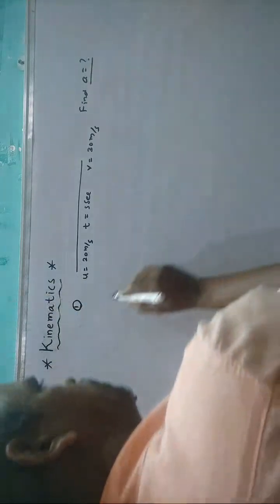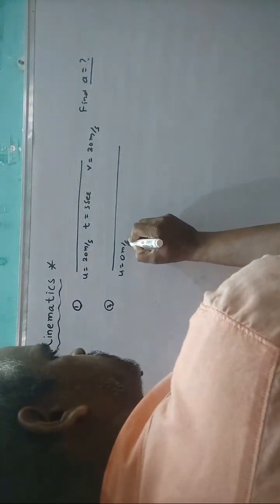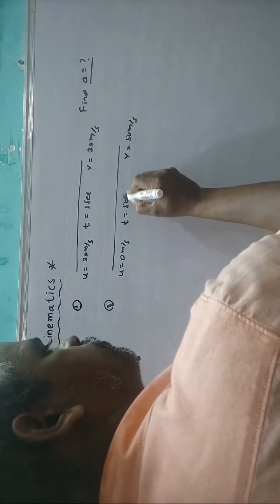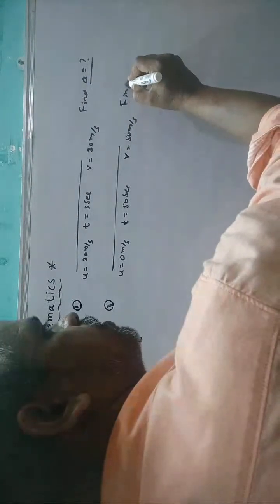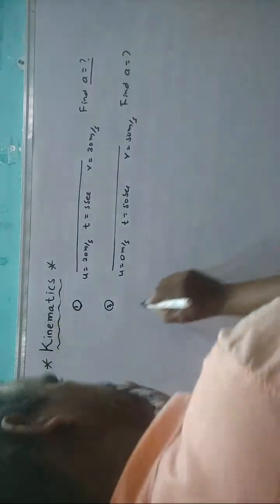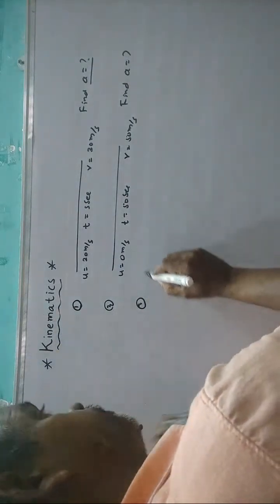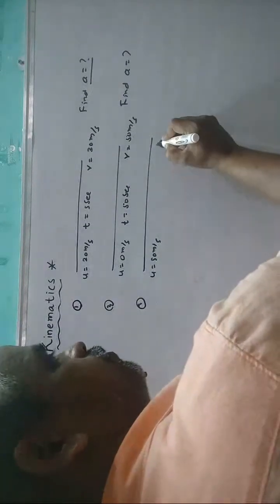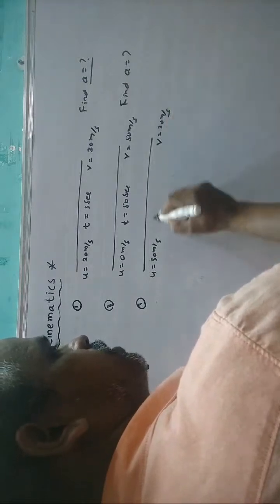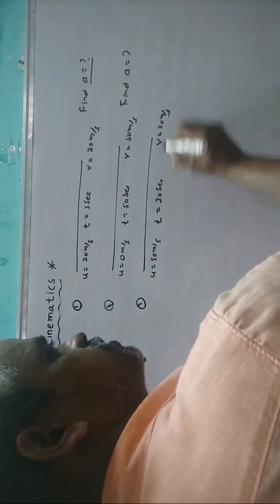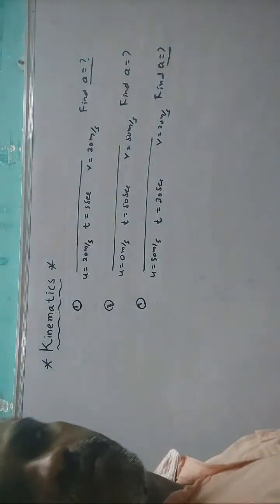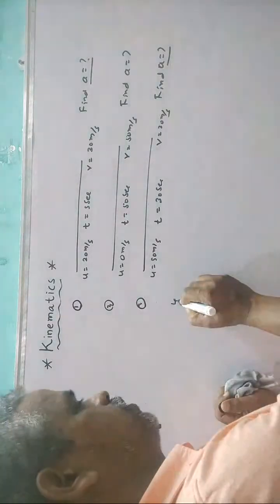Next: u equal to 0, v equal to 50 meter per second, time equal to 50 seconds. Find a. Then: u equal to 50 meter per second, v equal to 20 meter per second, t equal to 30 seconds. Find acceleration.